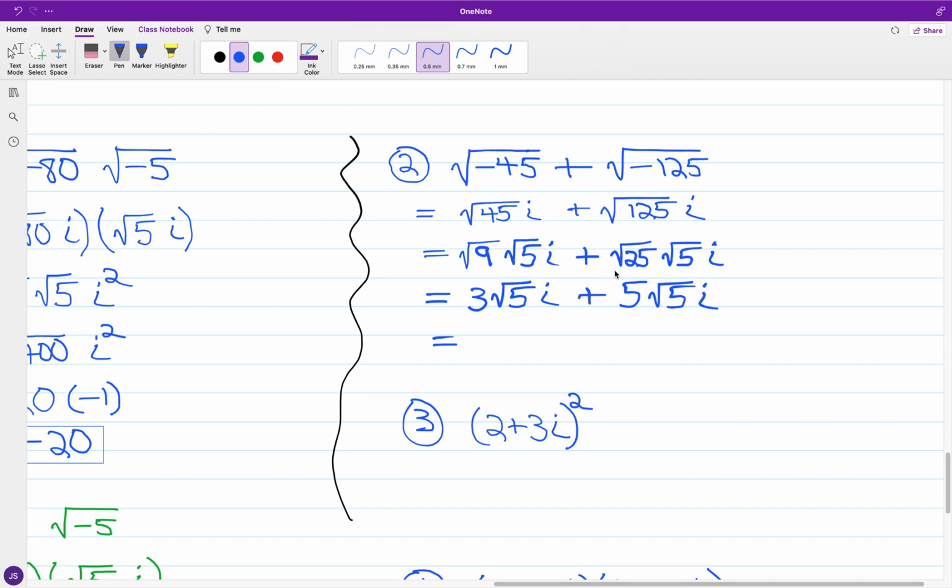And if we combine the leading coefficients, 3 plus 5 is 8, and we have the common attachment, the square root of 5i. And so for this result, we can say we have 8 times the square root of 5i, or if we switch the order, we can say we have 8i times the square root of 5.